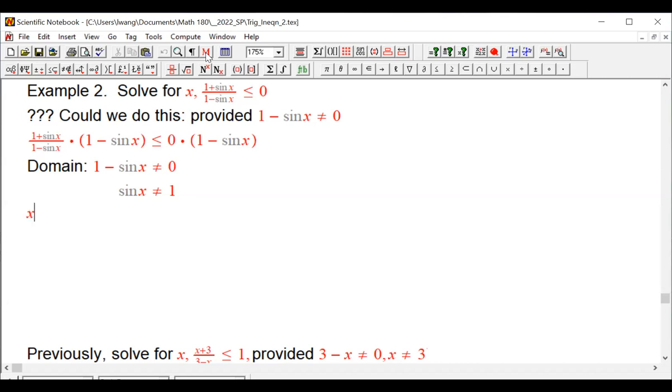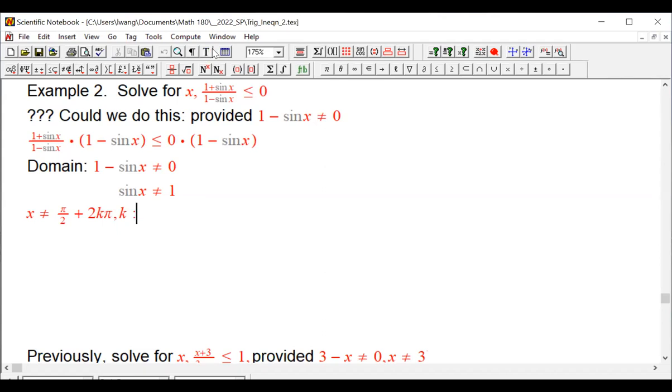So as long as x is not equal to pi over 2 plus 2k pi, where k is an integer, then we're fine. So that domain is determined.